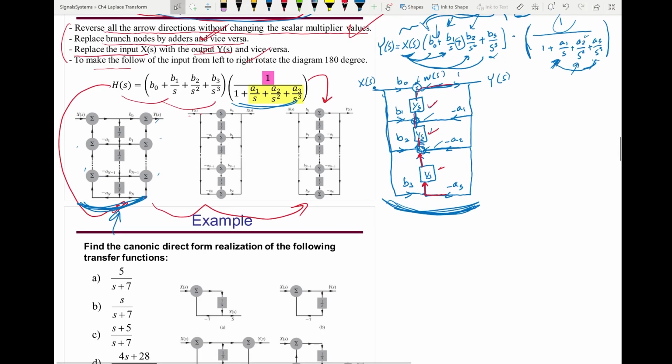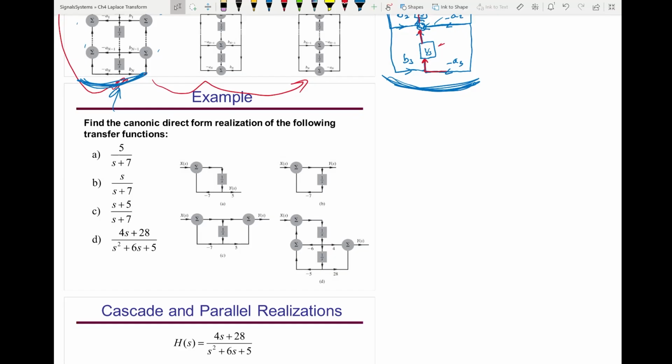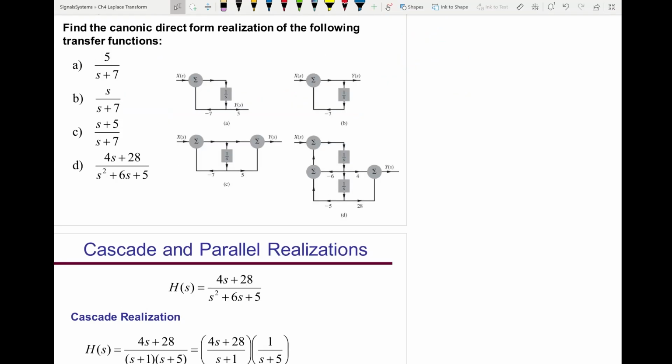Let's take an example to demonstrate how to build Form 2 realization and the transpose. So let's find the canonical Form 2 realization. I have this transfer function, h of s, and I want to realize this system. Let's write h of s here. So the first step is divide numerator and denominator by s to the highest power in the denominator.